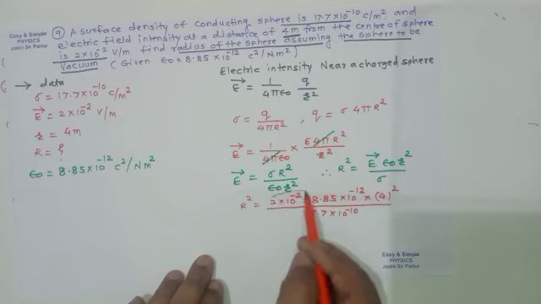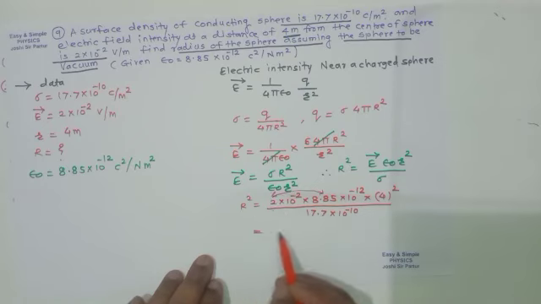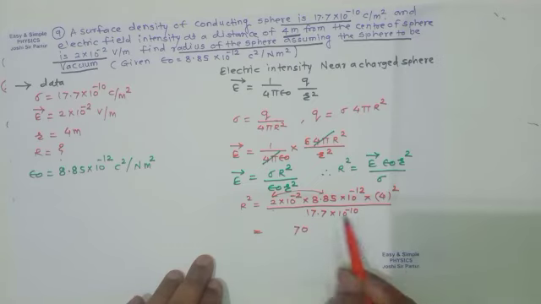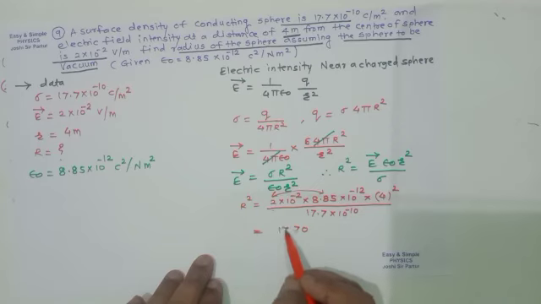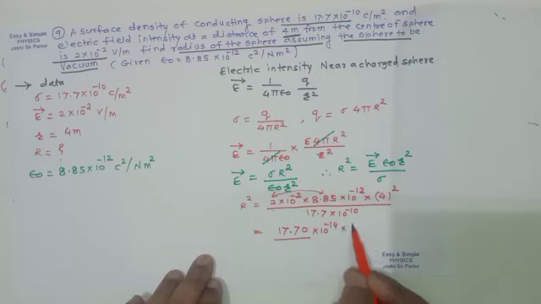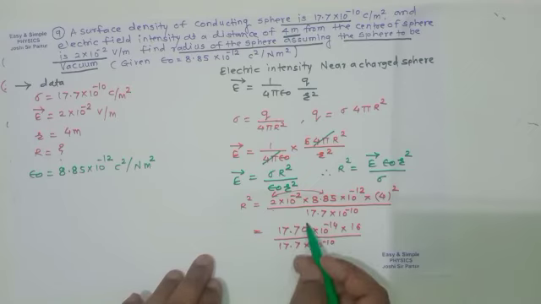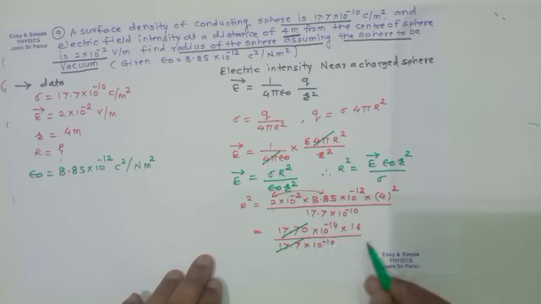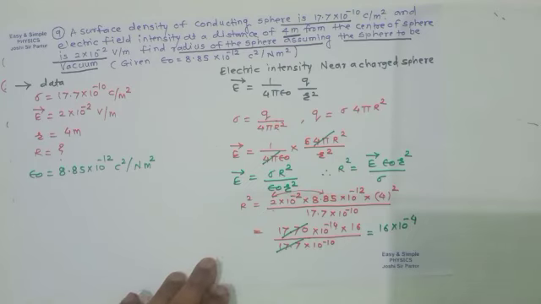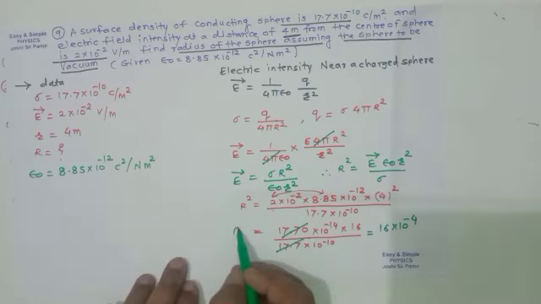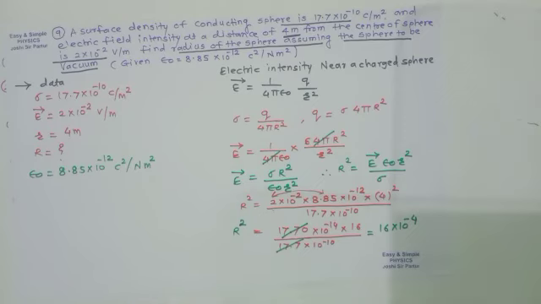So here if we multiply, 17.7 into 10 raised to minus 14 into 16 divided by 17.7 into 10 raised to minus 10. Here 17.7 gets cancelled, minus 10 is in the denominator, so it will be 16 into 10 raised to minus 4, that is the value of capital R square.